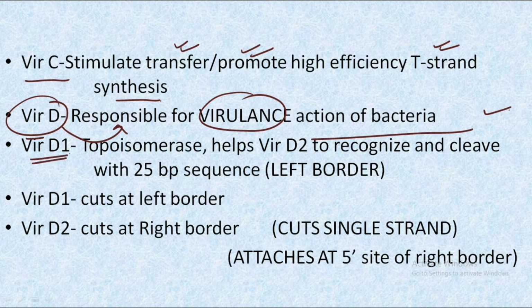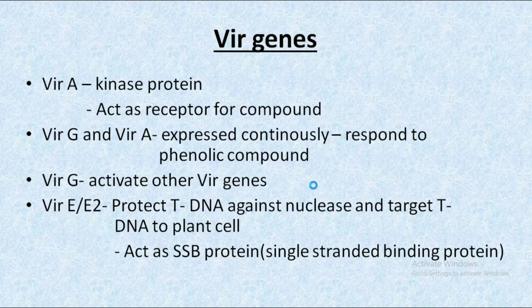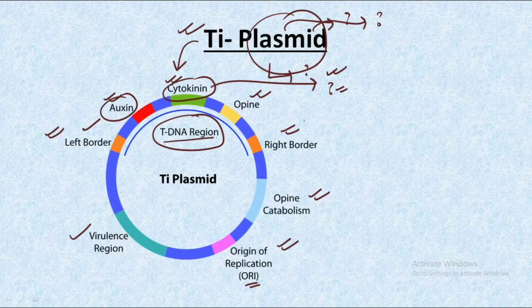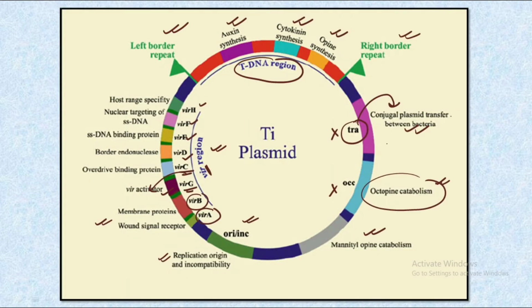Then we have VIRD1, which is a type of topoisomerase. It helps the VIRD2 to recognize and cleave the 25 base pair sequence, that is the left border. The borders that we have discussed, the left border and the right border, each one of them is 25 base pairs long.